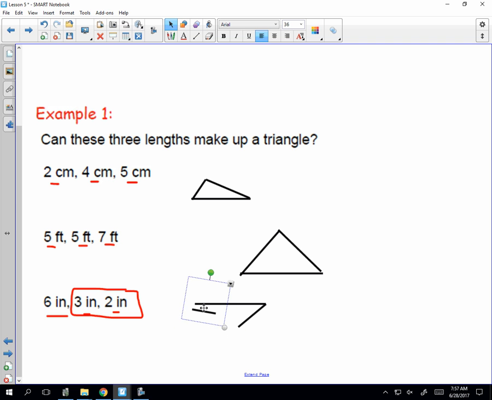Here I'm going to have to make the smallest angle possible with these two other sides, and there's no angle I can make small enough to make these two pieces connect.